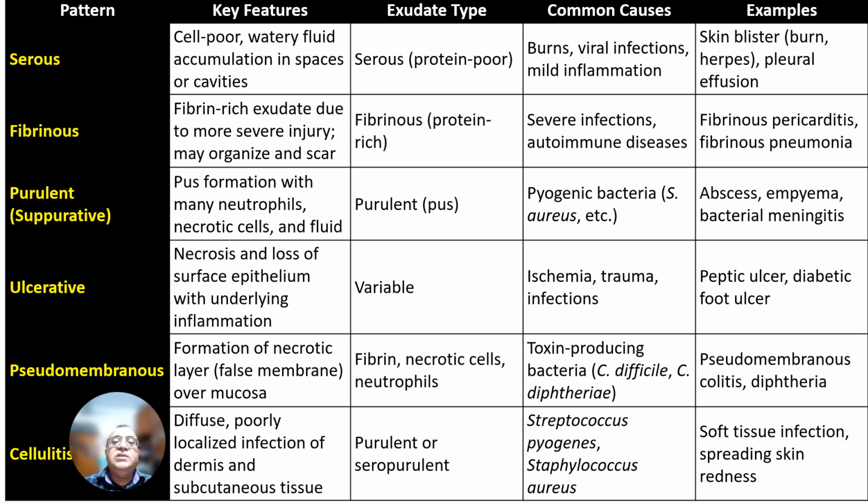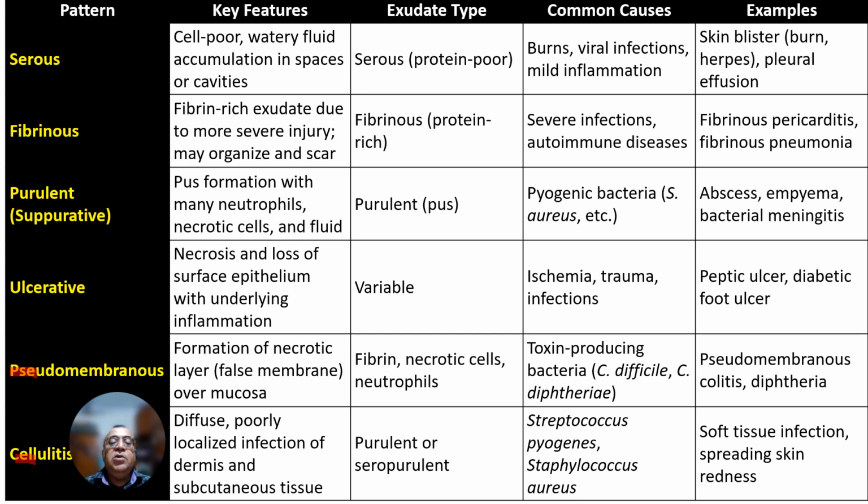This table is summarizing the major morphologic patterns of acute inflammation. There are four major patterns: serous, fibrinous, purulent, and ulcerative, and two special conditions: pseudomembranous inflammation and cellulitis.